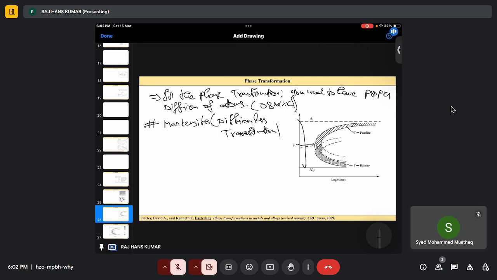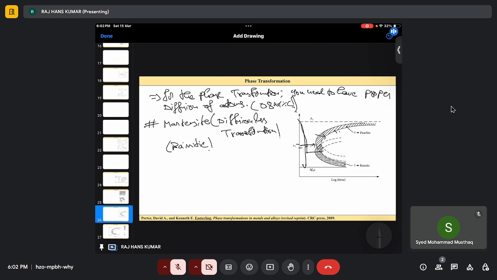So at first, I have gamma plus ferrite, and if I cool it up to T1 and maintain it here, then I will have the bainite structure. The bainite structure has a different morphology. You still have alpha plus Fe3C, but the morphology is different.